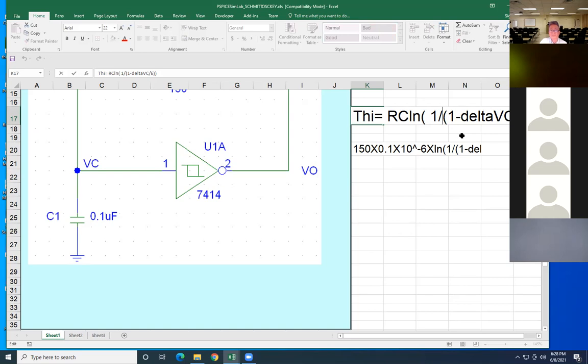When you factor that out in terms of T, you're missing a negative sign.